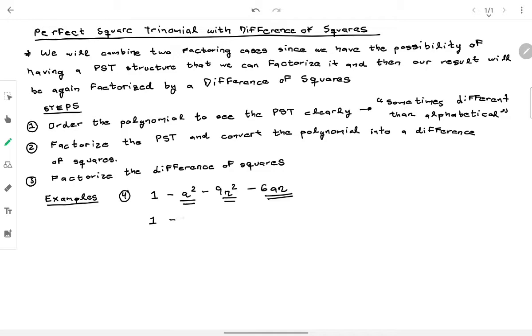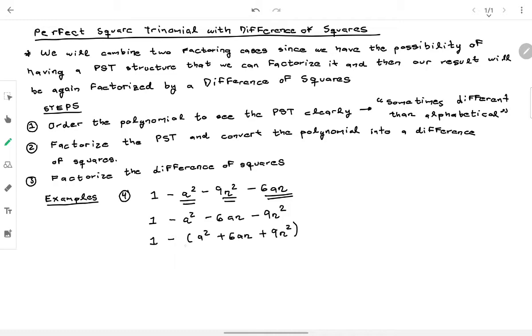It's going to be minus a squared minus 6an minus 9n squared. So now I can take out the minus sign, and it's going to be a squared plus 6an plus 9n squared.